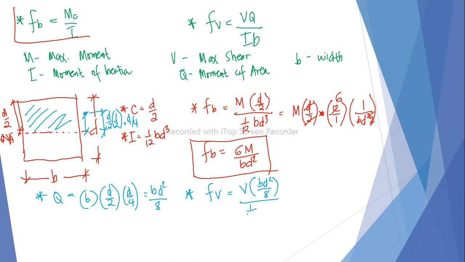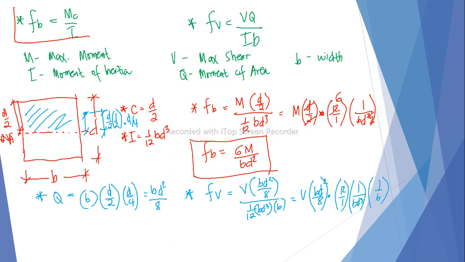Our I again is 1 over 12 BD cubed, times B. We have the numerator V times BD squared over 8, times the reciprocal of the denominator, 12 over 1, times 1 over BD cubed, times 1 over B.